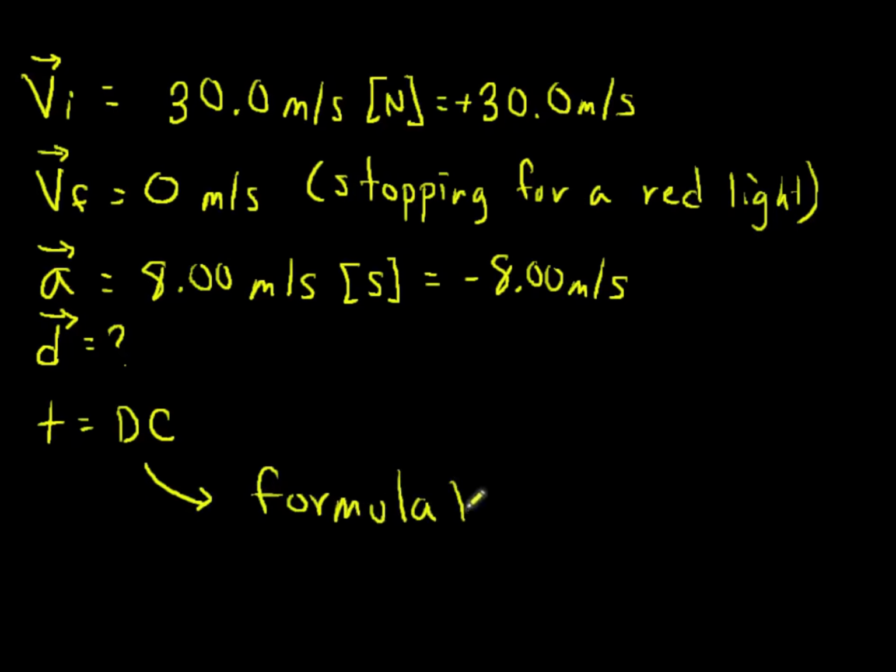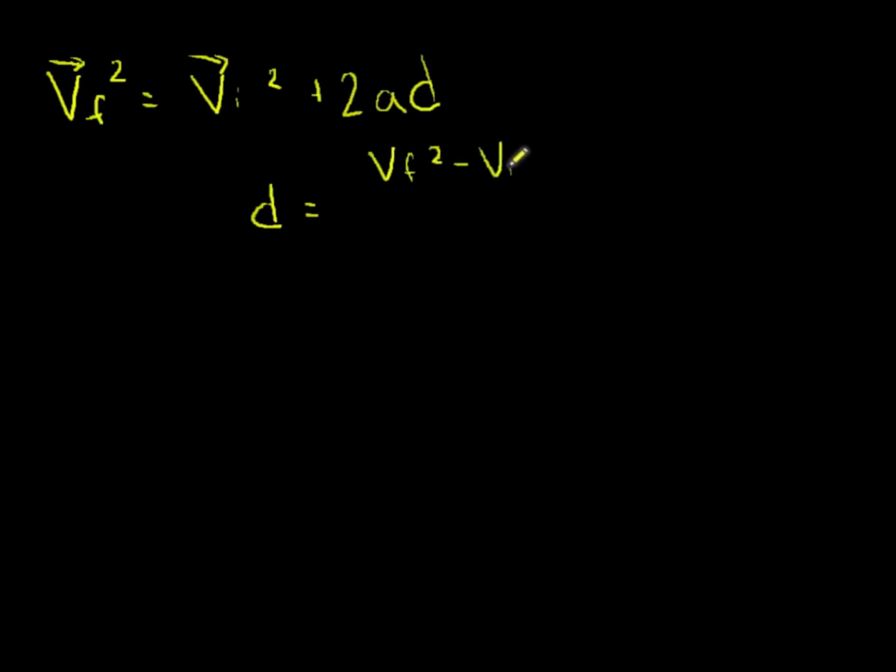Because t is dc, we use formula number 2, which doesn't include time in it at all. Formula number 2 is Vf squared equals Vi squared plus 2AD. We can rearrange this for d. d equals Vf squared minus Vi squared over 2a.